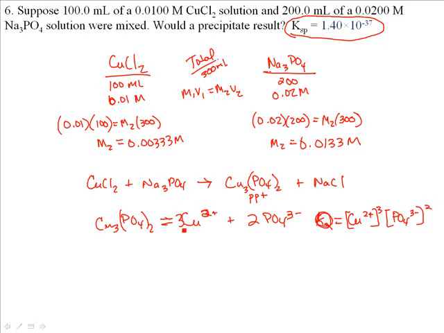Alright, so what concentration do we have? For the copper, we have a concentration of 0.00333. And for this one, we have a concentration of 0.0133. Alright, so we plug those numbers in.